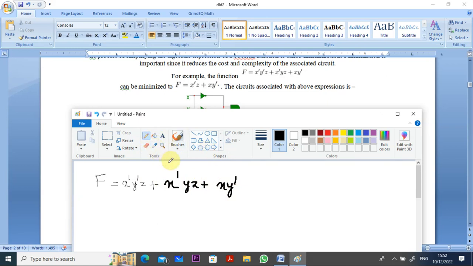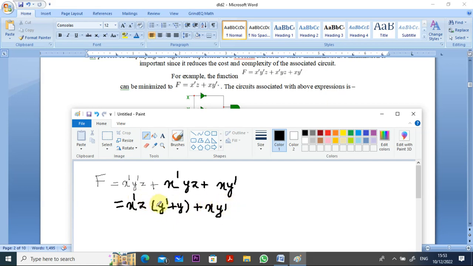Is it clear? Now you see, complement of x is here, complement of x is also here. Z is here, Z is also here. If I take complement of x and z common, then it will be complement of y plus y, plus x into complement of y.